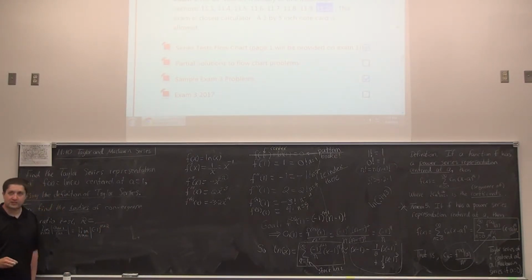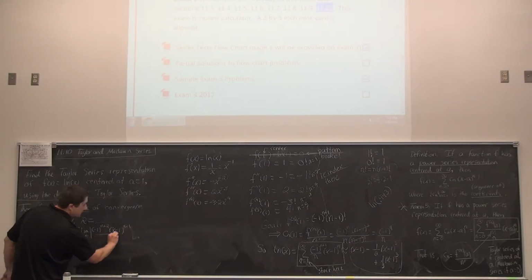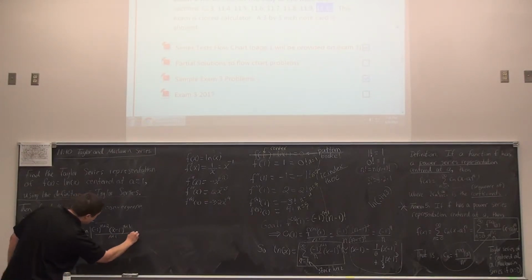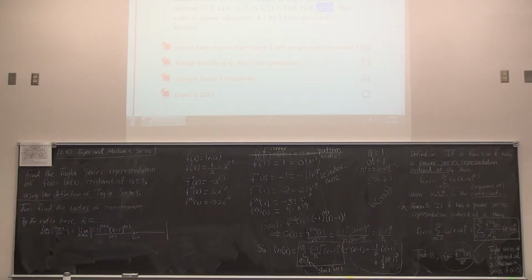I mean, this all gets wiped out in the end through absolute values, but that's how it would carry in. Then it'll be x minus 1 to the power of n plus 1 divided by n plus 1. So that's our a sub n plus 1 term, and then the typical pattern is we take this, multiply by the reciprocal of a sub n, which is in that yellow box. But any questions so far with what we've written?